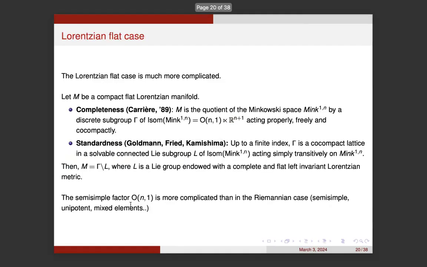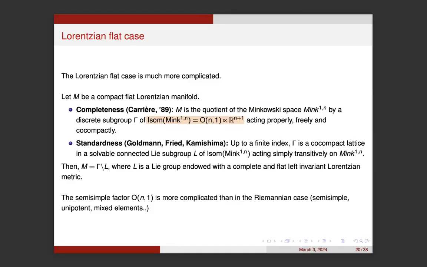Okay, and this is generalized to the Lorentzian flat case, but this case is much more complicated. Remember that by Carrière's theorem, any compact flat Lorentzian manifold is a quotient of Minkowski spacetime by a discrete subgroup gamma of the isometry group acting properly, freely, and co-compactly.